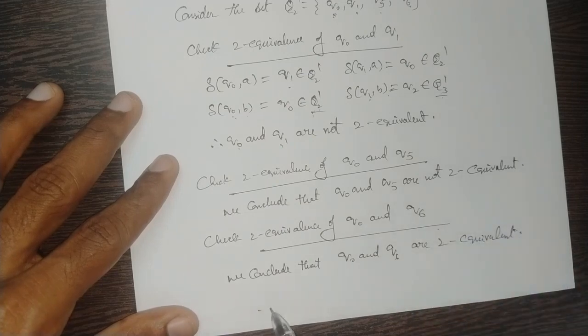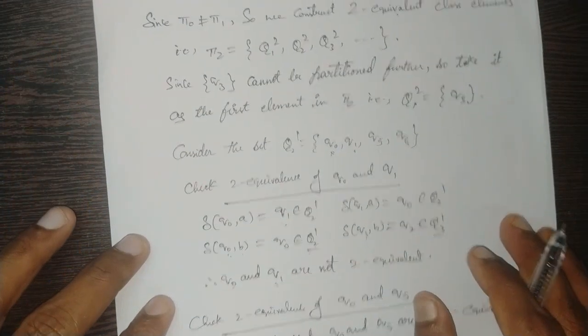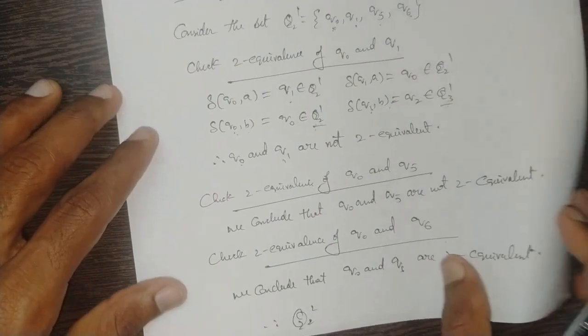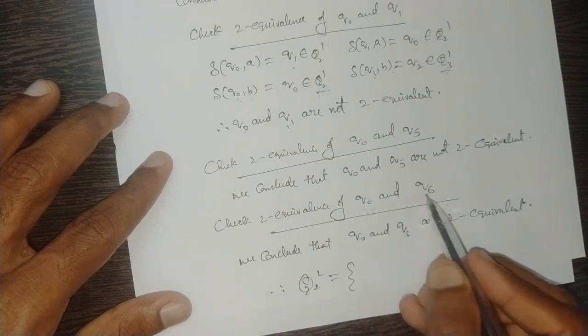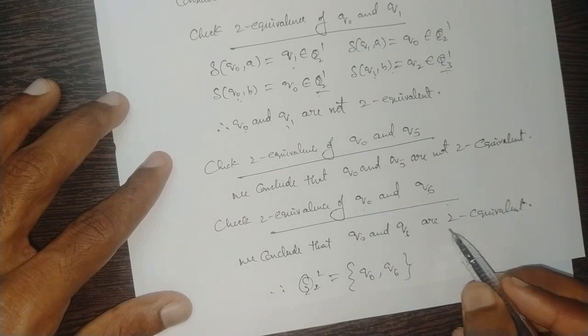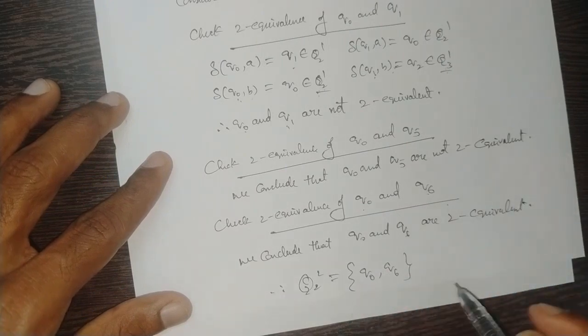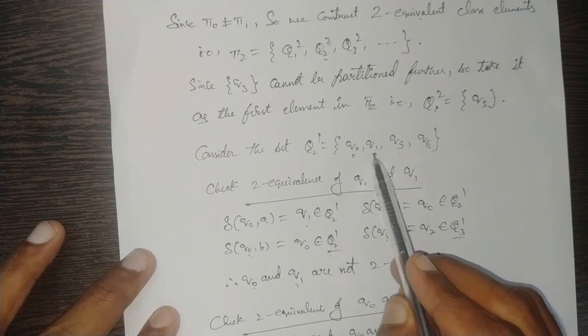So therefore the next element is, what is the next element in I2? Q2. So the next element in I2 is nothing but these two states, Q0, Q6, which are equivalent to each other. So the remaining elements are Q1 and Q5.